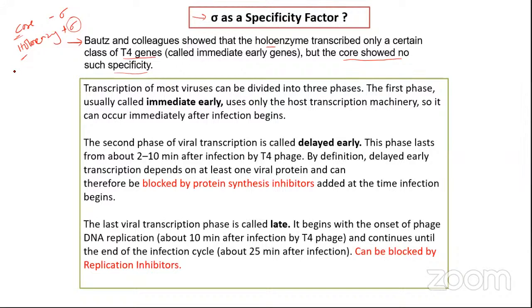Bacteriophages can be broadly classified into two categories: lytic phages and lysogenic phages. In which of the two categories will you put the T4 phage? Lytic or lysogenic?